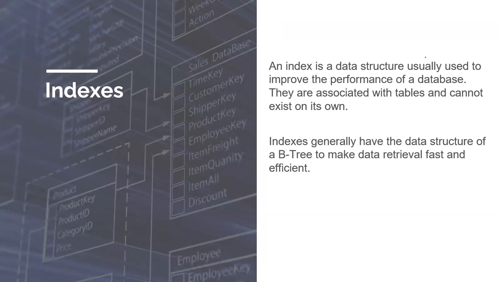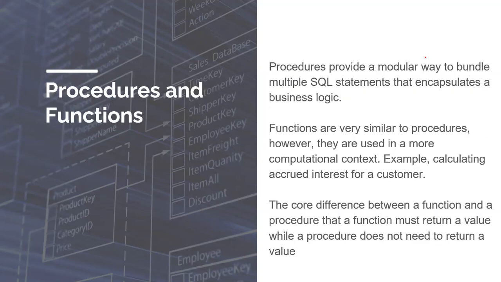Maybe you want to retrieve a large sum of data. Instead of scanning through the whole book, you just pick the particular entry that is relevant to your search criteria, and then it will point you to the particular page in a book you want to get. Just like in a database table, the index will point you to the particular row that you need. So indexes are very, very important in database administration.